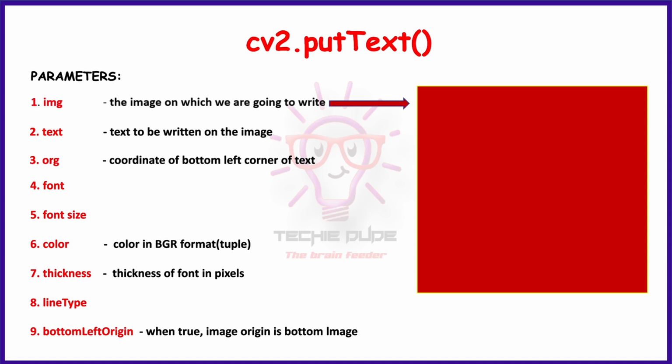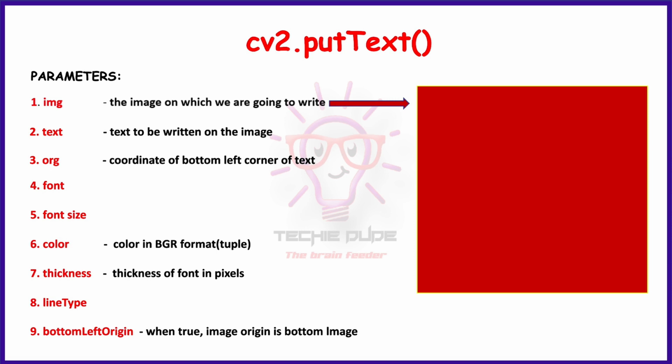In general, all OpenCV images have the top left corner as the origin. Suppose you need the origin to be the bottom left for cv2.putText, you can pass in bottom left origin equal to true. So this is all about the cv2.putText function.